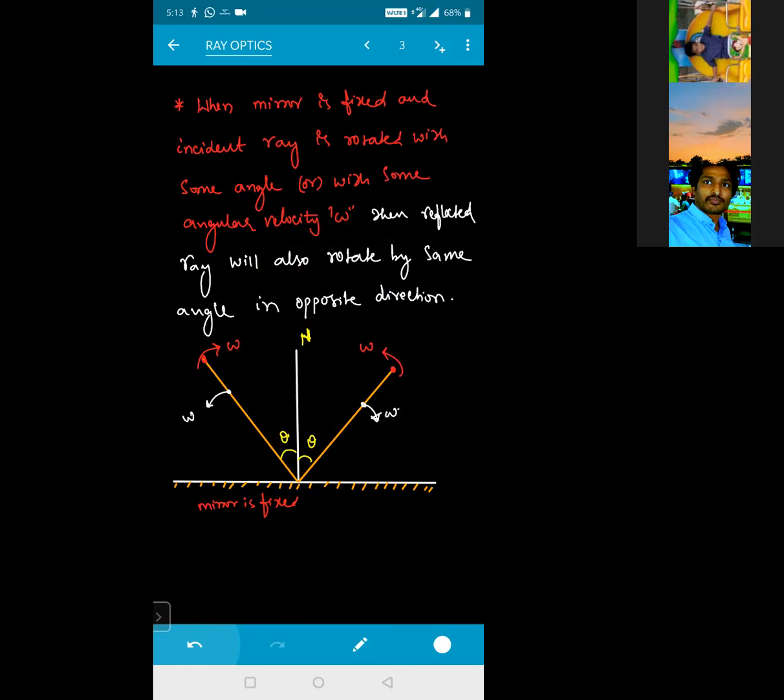Have you got it? Why? Because this angle has to be kept constant. If this is increased and it is making 60, this should also become 60. Angle i equals angle r. That is the reason: the angle of incidence must be equal to the angle of reflection. Okay, fine.